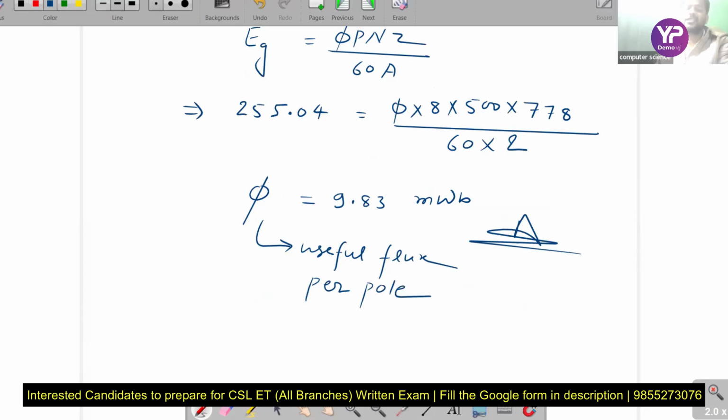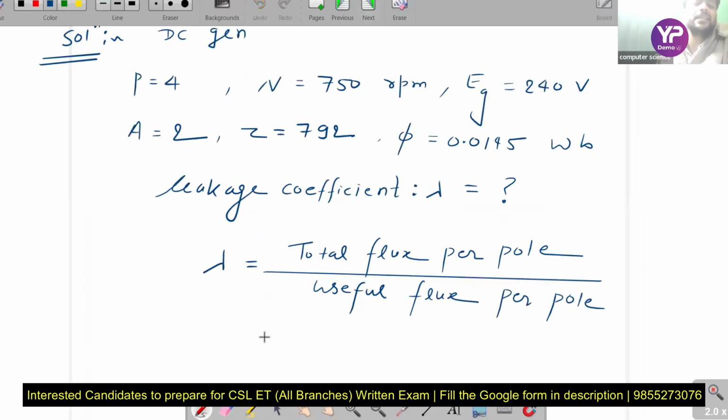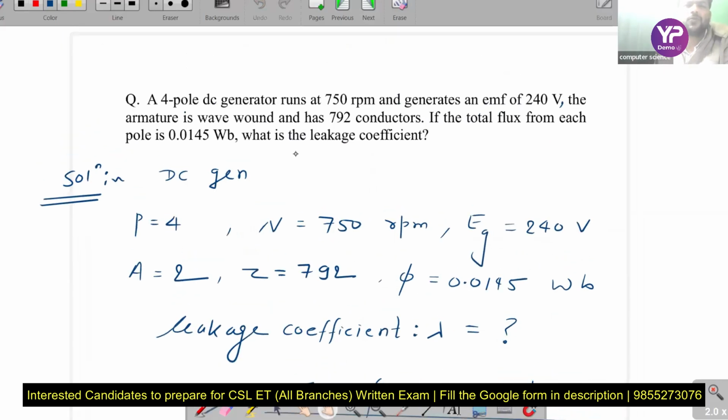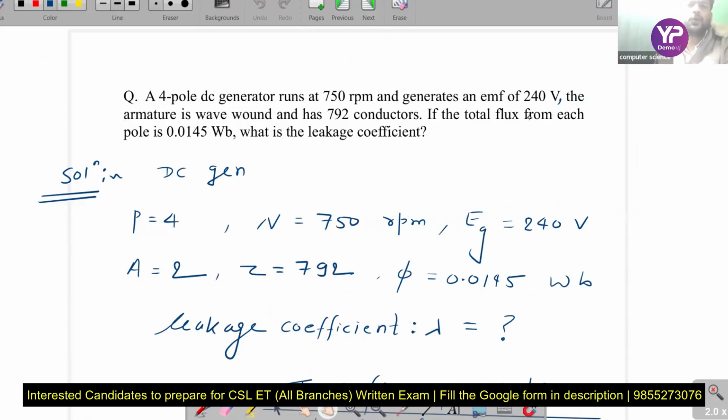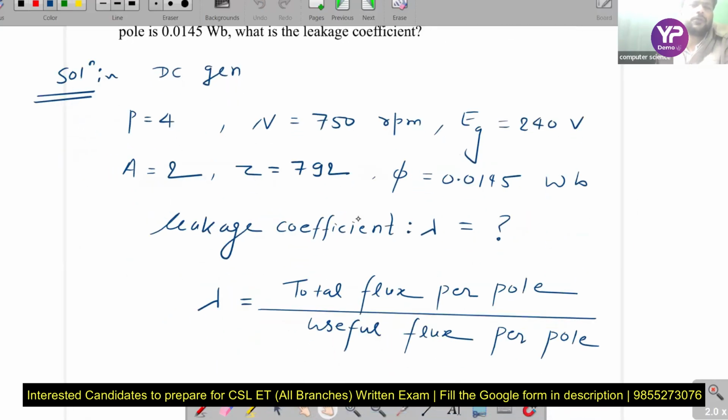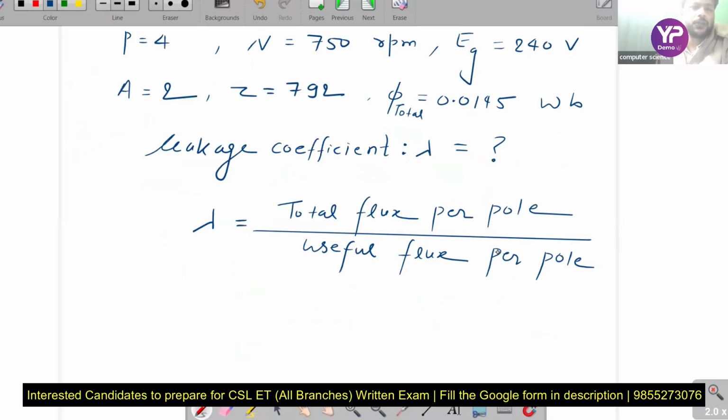But here we specify that the leakage coefficient is equal to total flux per pole upon useful flux per pole. In this question, the total flux from each pole is 0.0145.